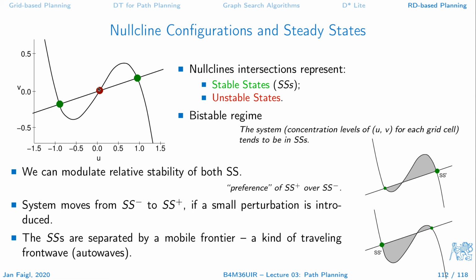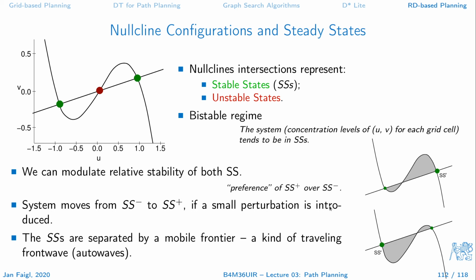What we can do is modulate the relative stability of both steady states, so there will be a preference. This is the steady state minus, this is the steady state plus, and you can modulate the preference of steady state plus over steady state minus.